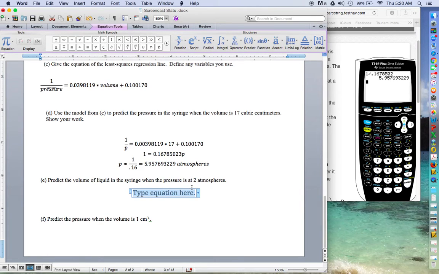All right, part E says predict the volume of the liquid when the pressure is 2. So now we've got 1 divided by 2 atmospheres equals 0.003819 times the volume, which we don't know, plus 0.1.